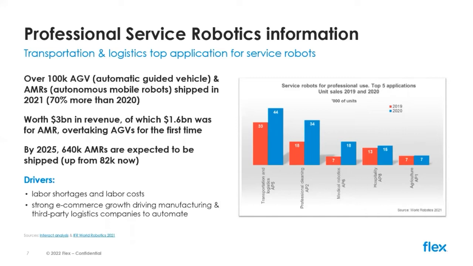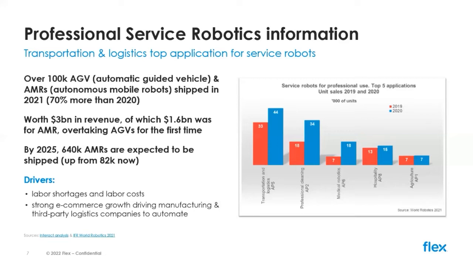Of that, there was around $3 billion in revenue, of which 1.6 billion was for the AMR, the autonomous mobile robots. And that basically is a key change here because that overtook the AGVs for the first time. So moving from the less smart systems basically to the purely autonomous mobile robots really is the growth factor for us.